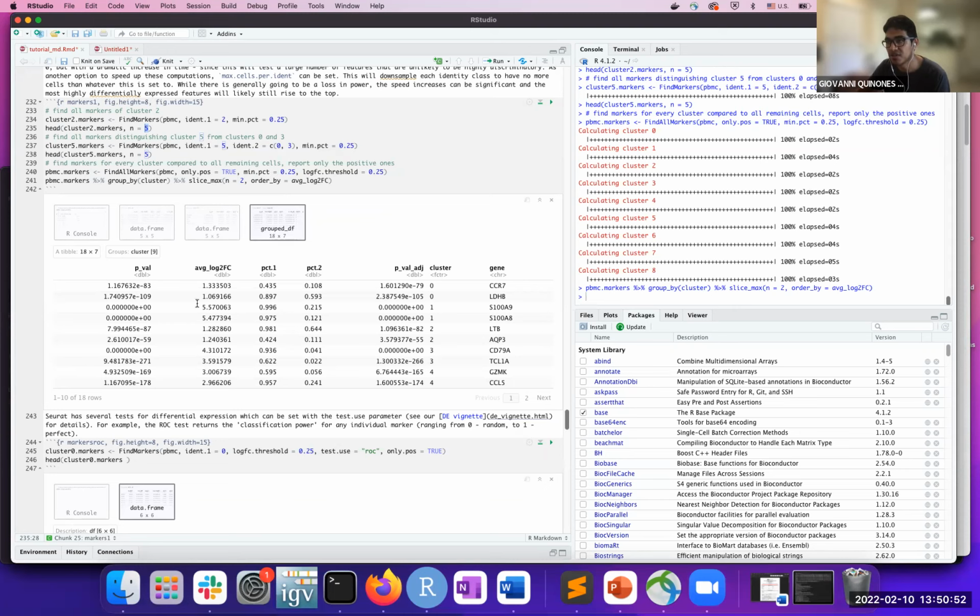And the values are the same. They derive from the differential gene expression analysis. And here we have the name of our marker gene and the cluster for which this gene is a marker. This last line of code is just selecting the top 2 for every cluster and printing those genes.